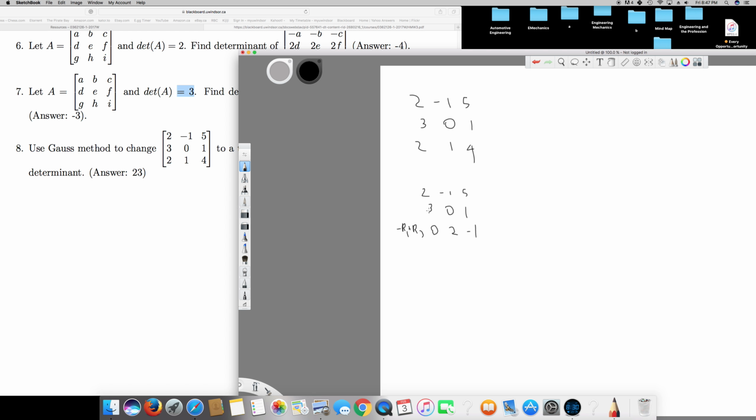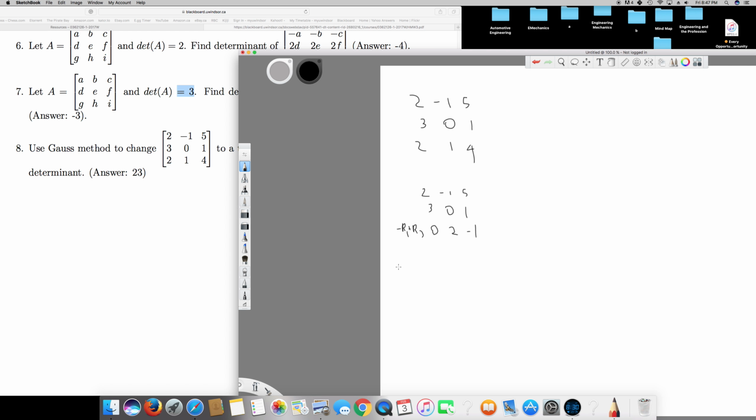And the second one, I'm going to change the second one's first column into 0. So to change that one into 0, what do I have to do? Multiply the first equation by minus 3 by 2 and add it to the second one.